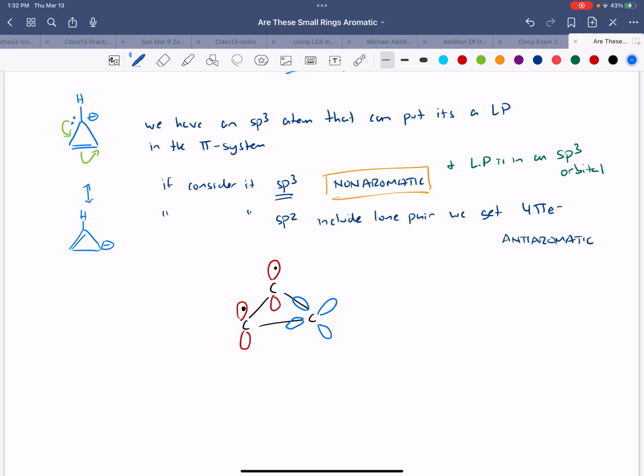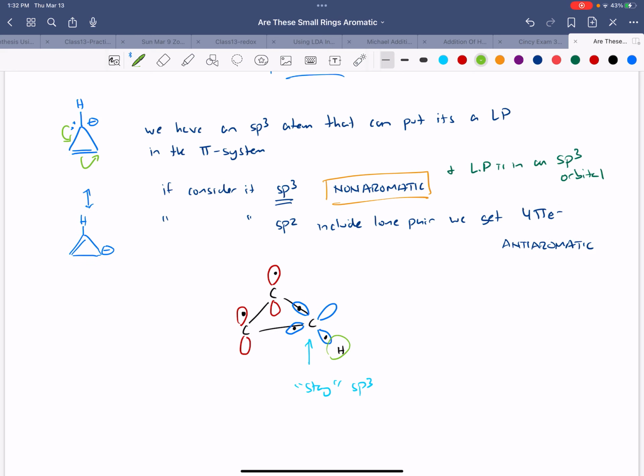So this carbon will stay sp3, and your electrons are here. One there to make a sigma, one there to make a sigma, one there to connect with H, right, you have an H right there. And your lone pair, our conclusion is in an sp3 orbital.